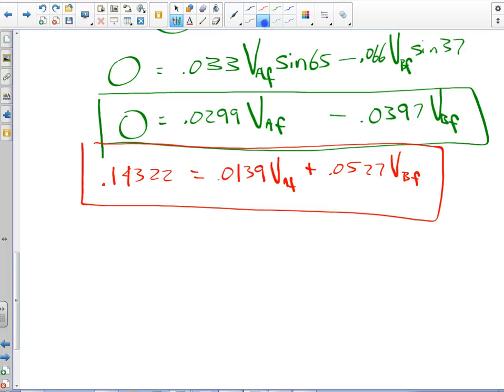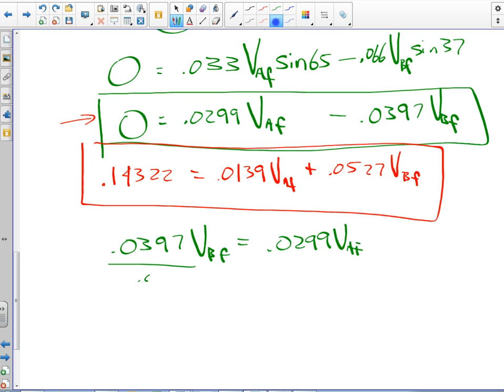Let's take the green equation here, the one up top, and work in green for clarity, and we're going to solve that for one of the two variables. So we'll bring the negative 0.0397 term over. So I have 0.0397 VB final equals 0.0299 VA final, and I'll divide both sides by 0.0397.